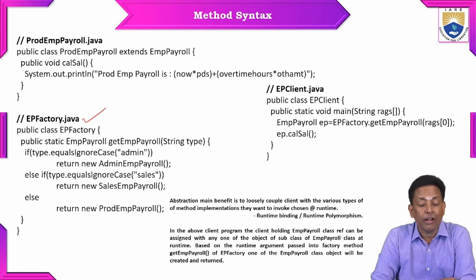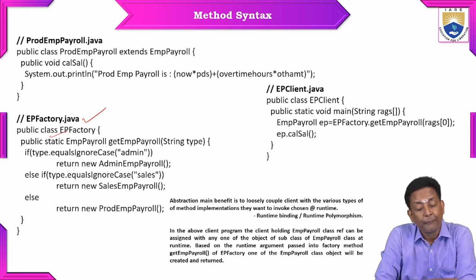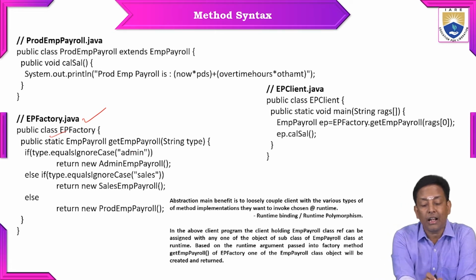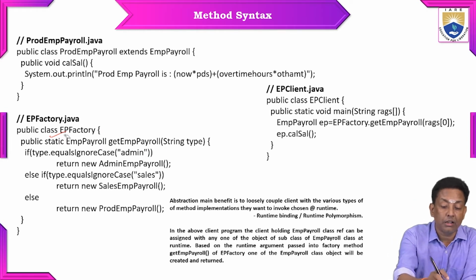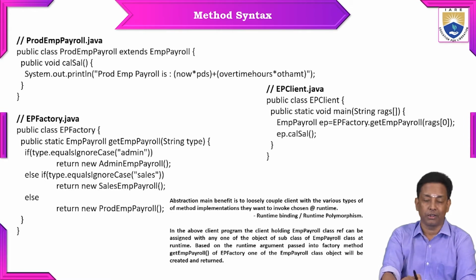In this employee payroll factory class, I am writing one static method. Tell me, what is the advantage of declaring this method as static? This method can be directly called with class name dot method name. The client can directly call the EPFactory.getEmployeePayroll method without creating an object of this employee payroll factory class, because after all, the method's purpose is only to get different employee payroll class objects.